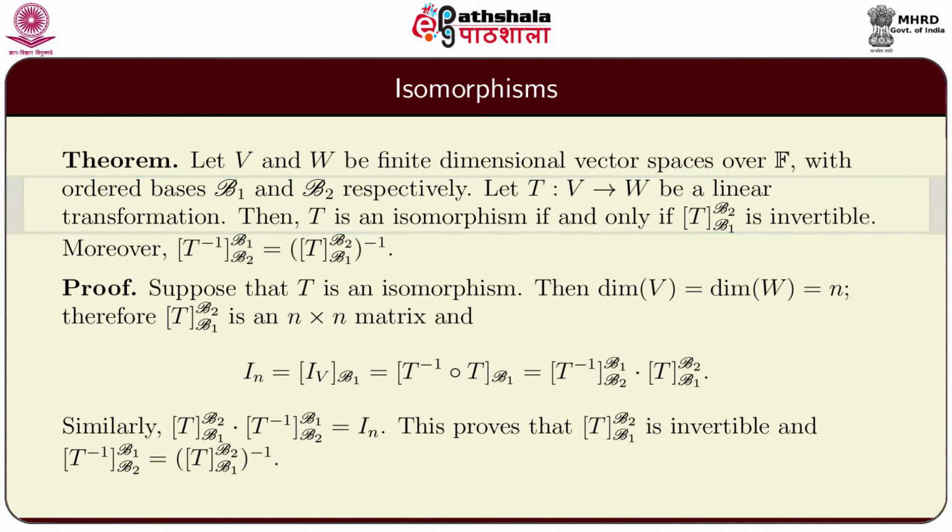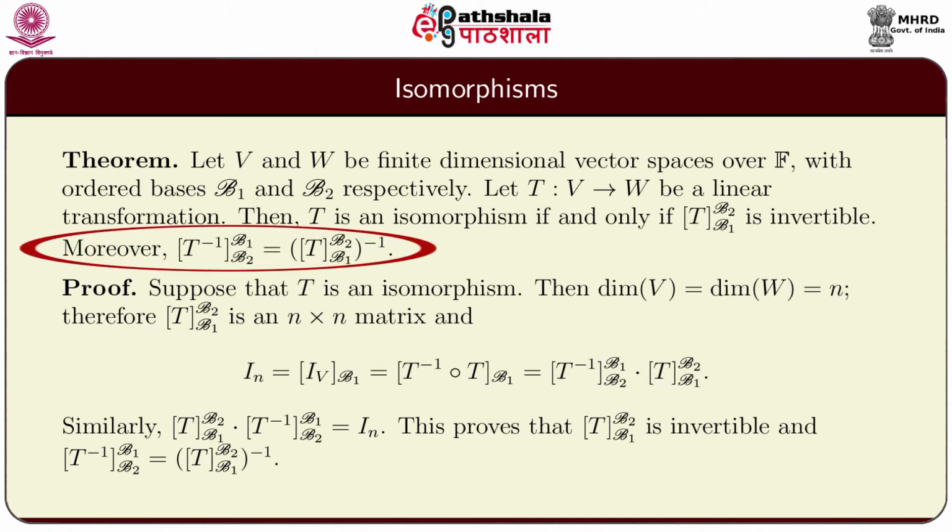Then T is an isomorphism if and only if the matrix [T] B1 B2 is an invertible matrix. And moreover, the matrix of the inverse map T inverse with respect to B2 B1 is nothing but the inverse of the matrix [T] B1 B2.